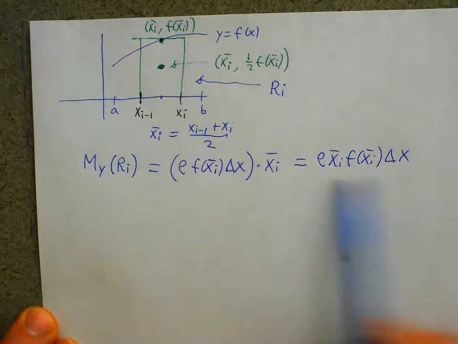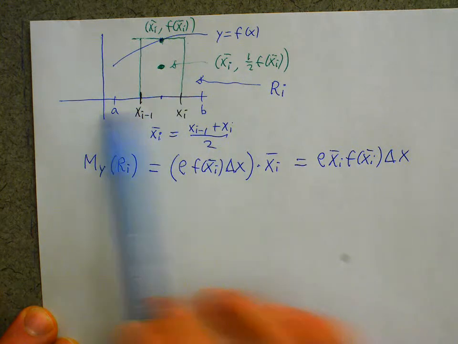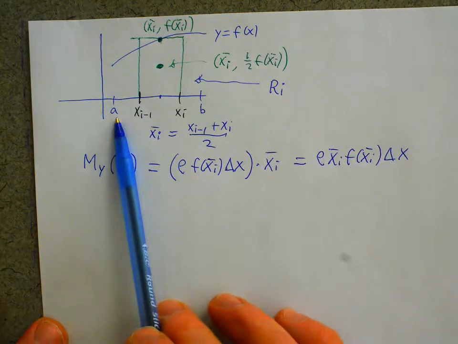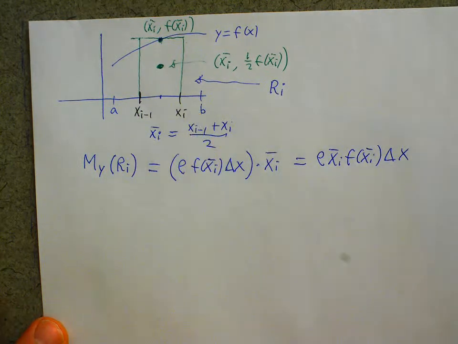And we get one of these expressions for each of the n rectangles that occur between x equals a and x equals b.